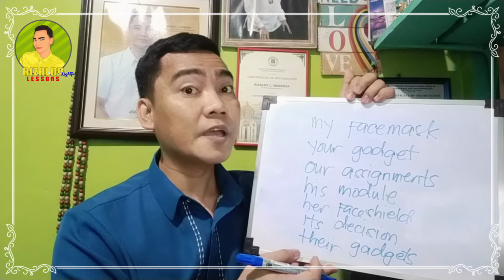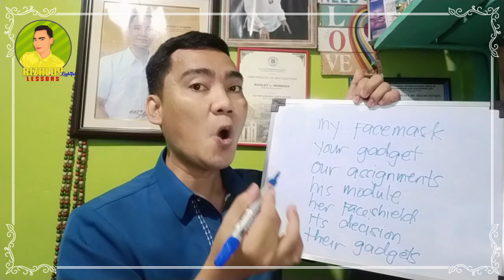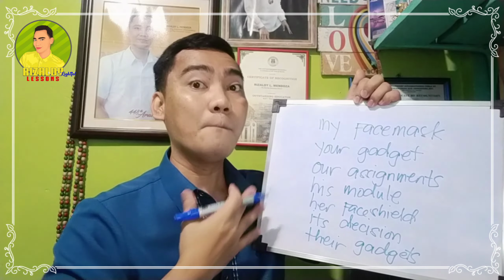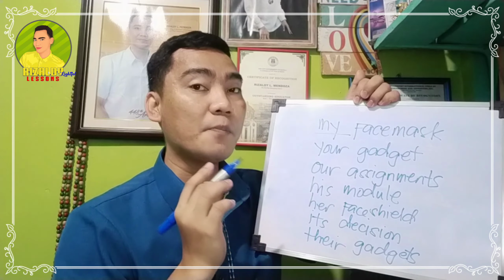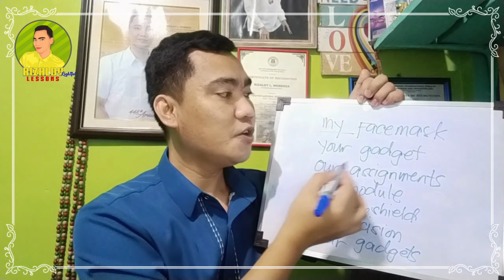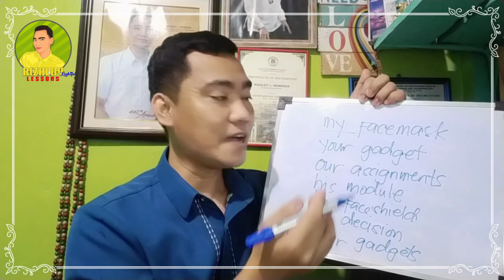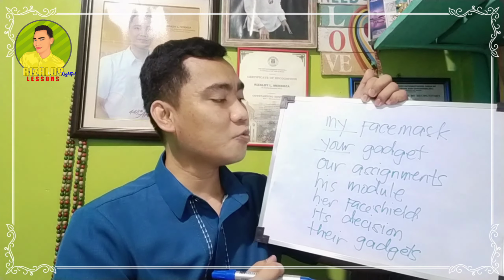Instead, we use the following. So if you are going to read this, my face mask, who owned the face mask? My, right? So we have my is the first possessive pronoun here. Your gadget, who owns that gadget? So it's yours, right? You may say that one.